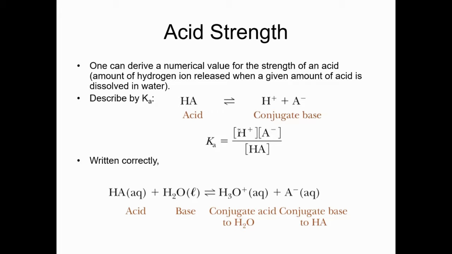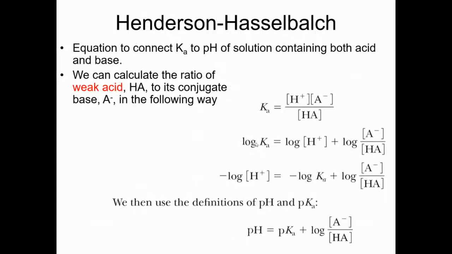This is the formula, and then you take the log on both sides. So log Ka equals log H plus log of the conjugate base over the acid. That's how they derive this equation.